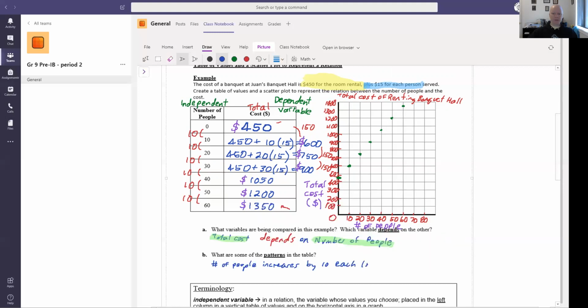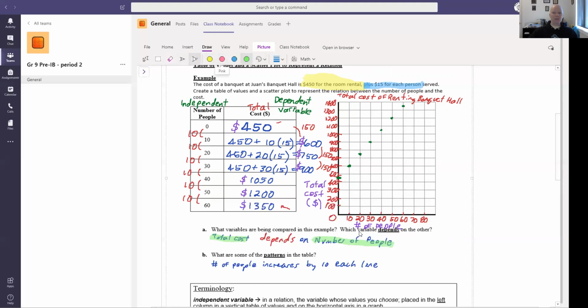Okay, there's one pattern. And notice that that's actually a constant. We say that that's a constant increase because the increase each line from one line to the next is constant. It's always 10 in this particular case anyways. And then the pattern of the dependent variable, we see that it's increasing by 150 each time.